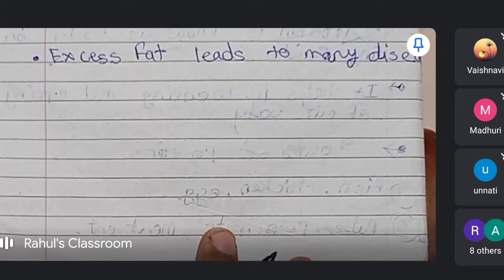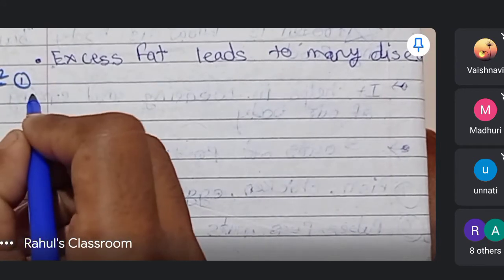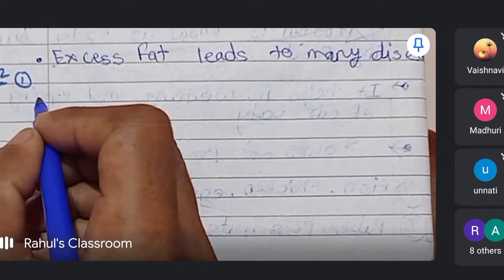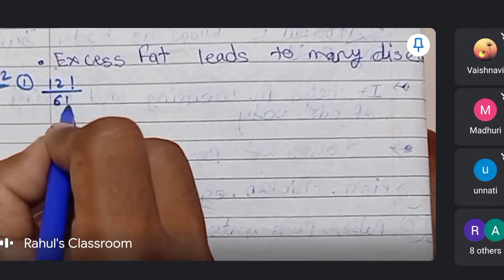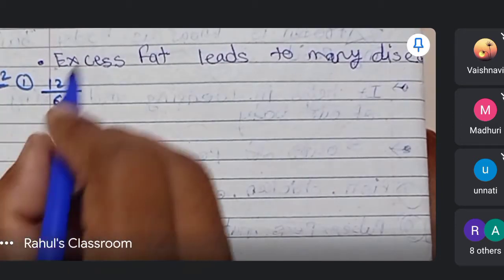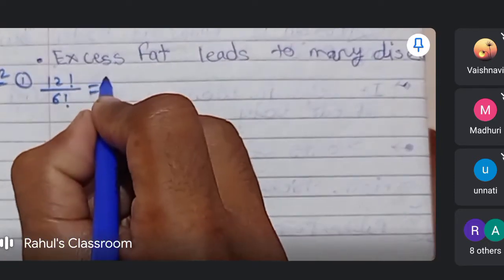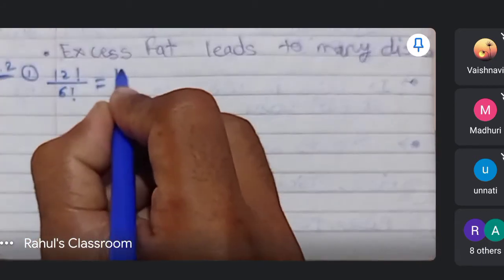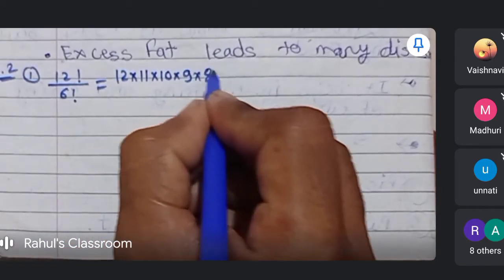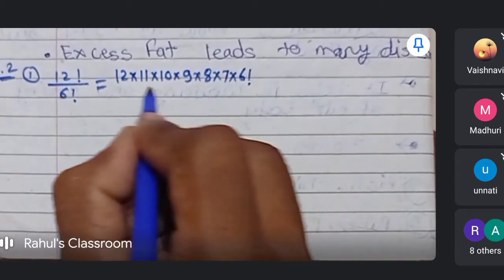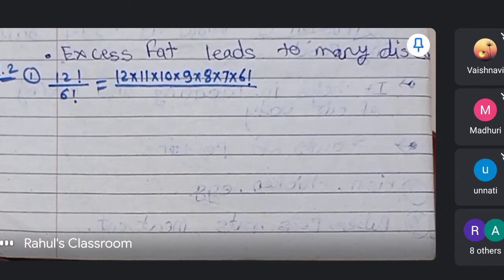Now we have to solve question number 2. Compute example number 1, because the first question totally depends upon the definition. Now question number 2, 12 factorial upon 6 factorial. 12 factorial means 12 into 11 into 10 into 9 into 8 into 7 into 6 factorial, descending order, the product of natural numbers in descending order.